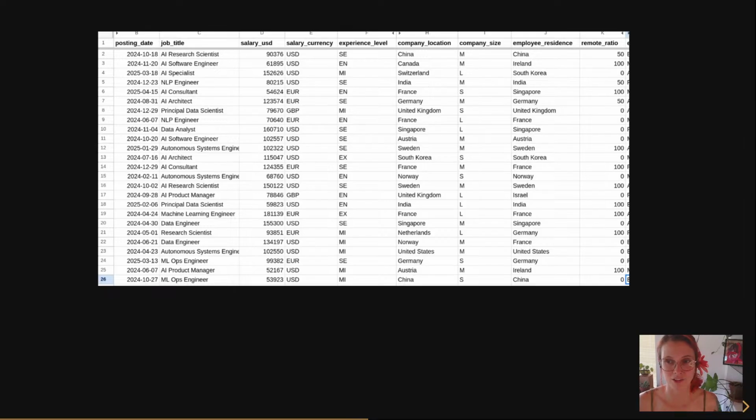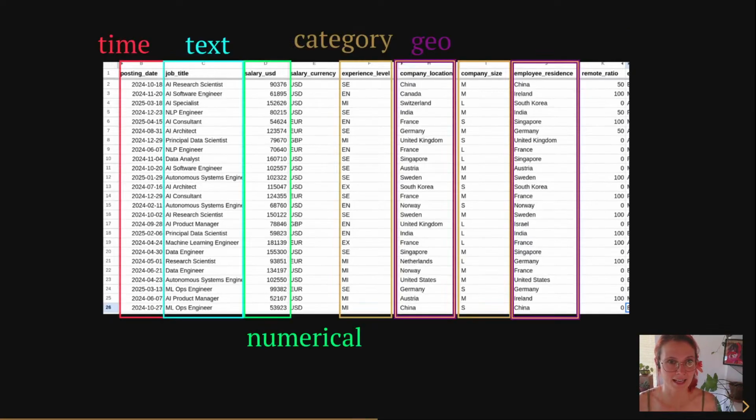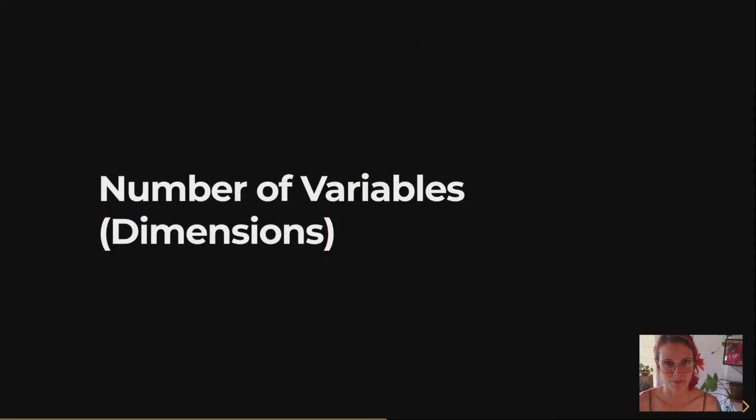If we take yet another data set, this one is job offerings in AI, in I think a quarter year, scraped from different sources. Here we can see that we have the time, some text, some category, numerical, and geospatial or categorical, depends. So first we need to look at our data set in this way: what is actually in there in terms of data types?